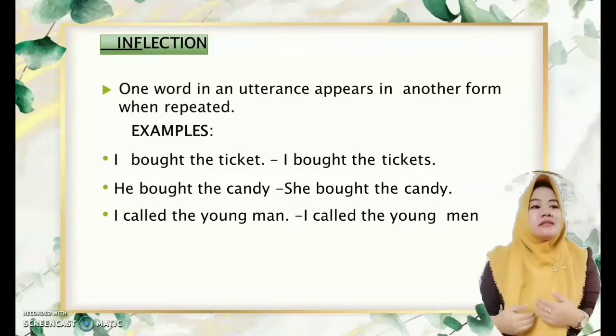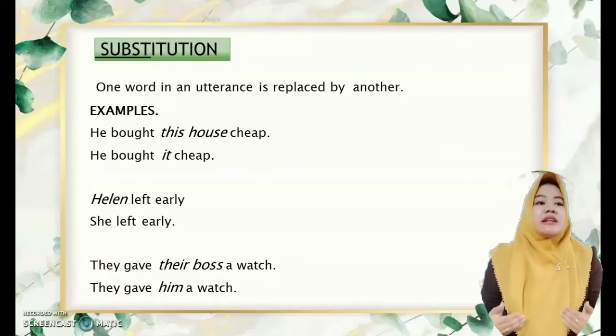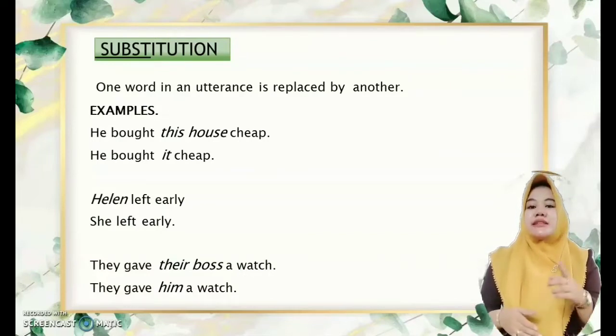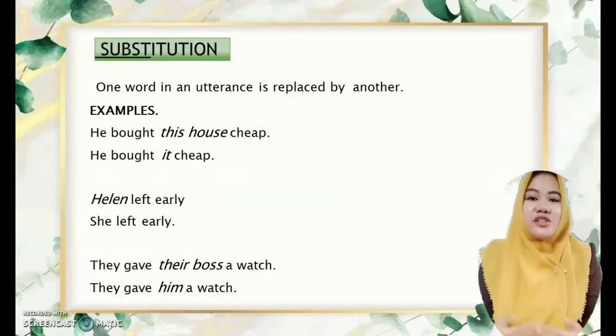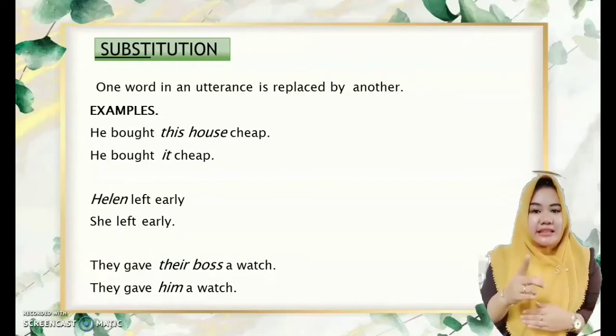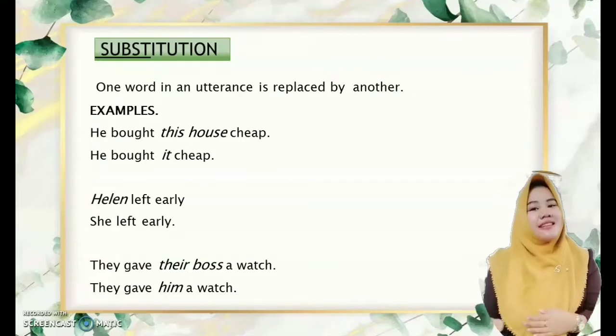And then next is substitution. One word in an utterance is replaced by another. Examples, he bought this house cheap. He bought it cheap. So the word it substitutes this house. And the other example is Helen left early.